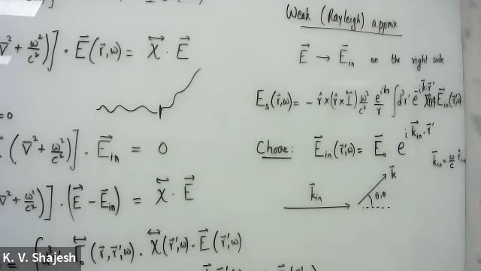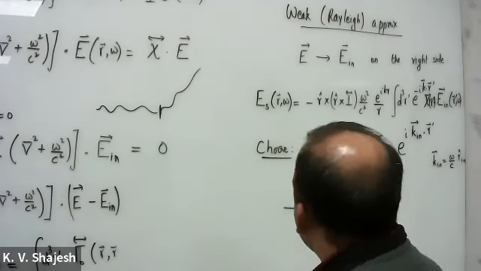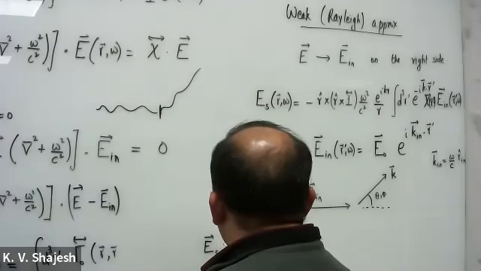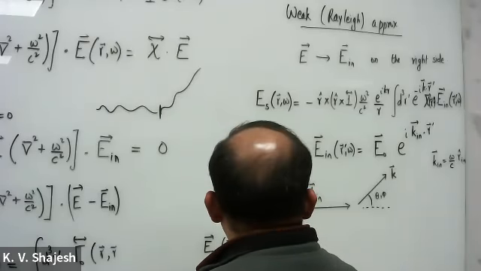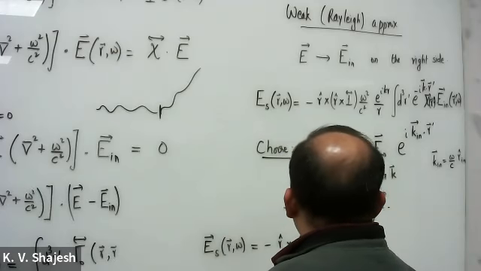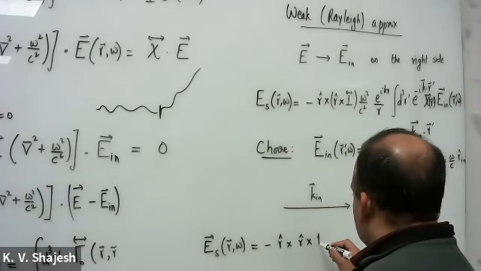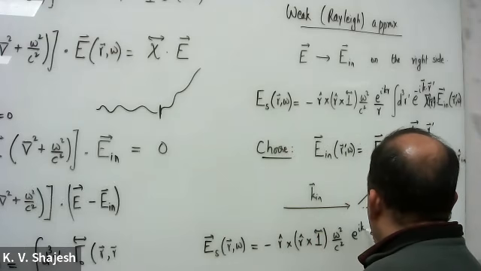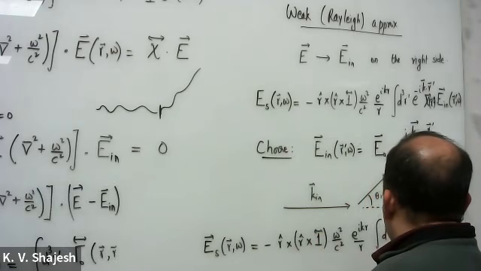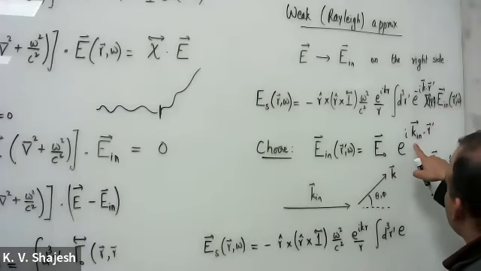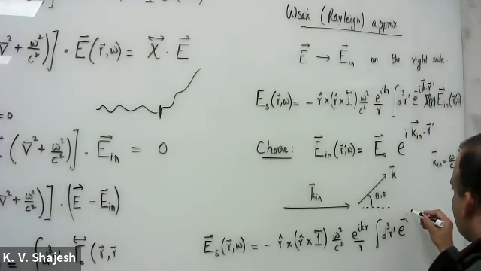So what I have is the scattered electric field is equal to minus r hat crossed with r hat crossed with 1 times omega square over c square, e to the i k r over r, integrated over r prime, with an exponential of minus i of the vector K minus K incident.